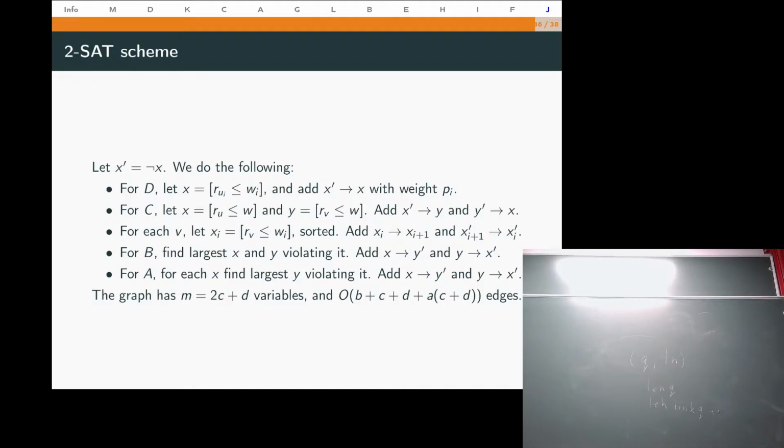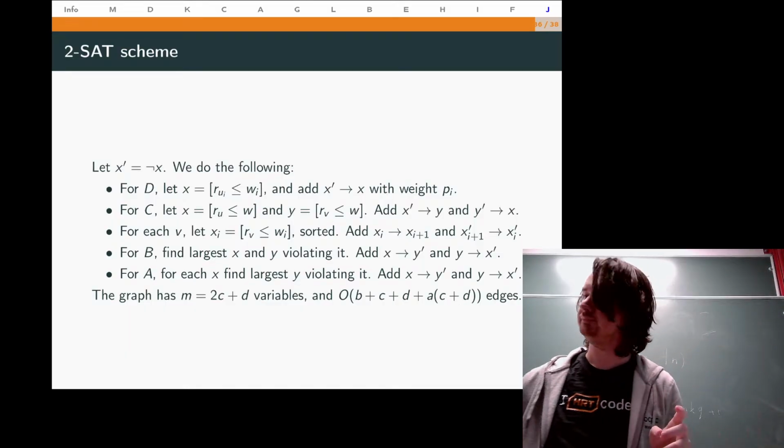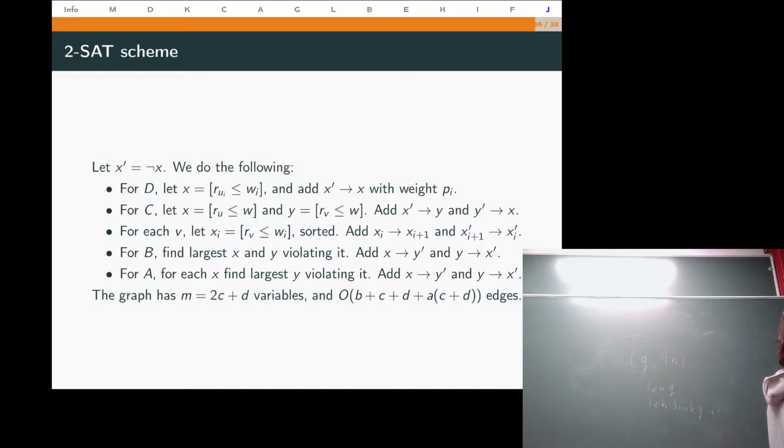So we say that if one is true, then the other must be false, and if the other is true, then the first must be false. And essentially, with this network, we can check if it is possible to assign the constraint of C to U or V in such a way that all the constraints are satisfied.